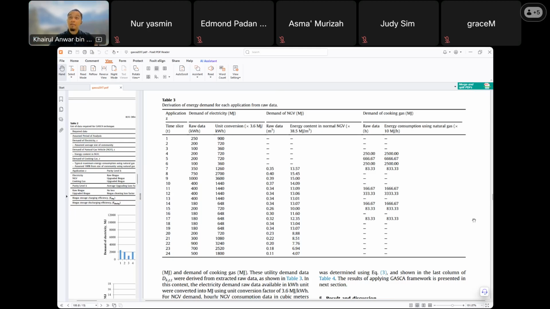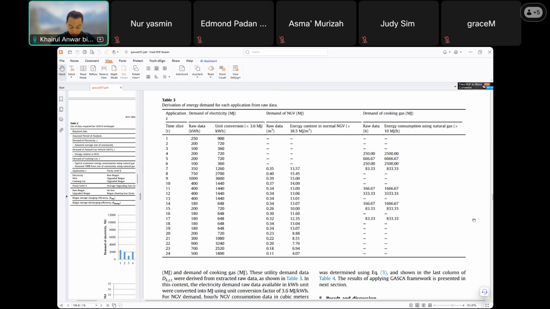So each of the demands has its own unit conversion based on the units we see there. So electricity is normalized to kilowatt, NGV to cubic meter, and cooking gas to hour.